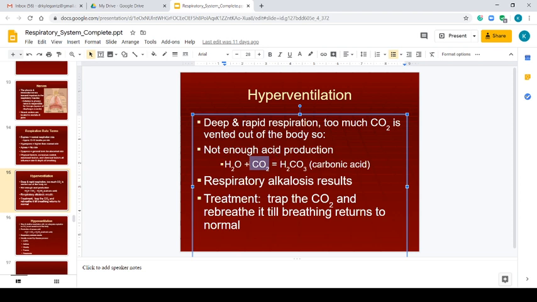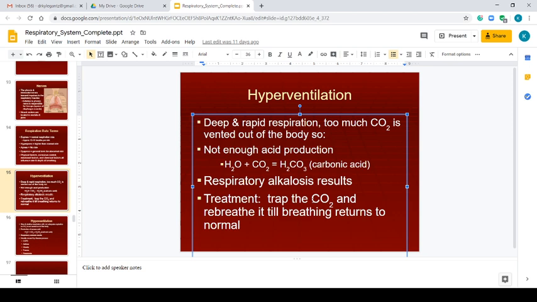If we have less acid, then we're going to end up basic, in alkalosis, right? So when we're too basic, one of the things you do is trap the carbon dioxide and rebreathe it until the breathing returns to normal. So it's not magic.